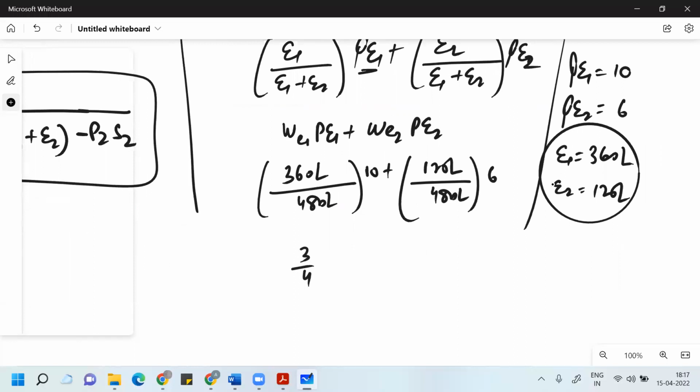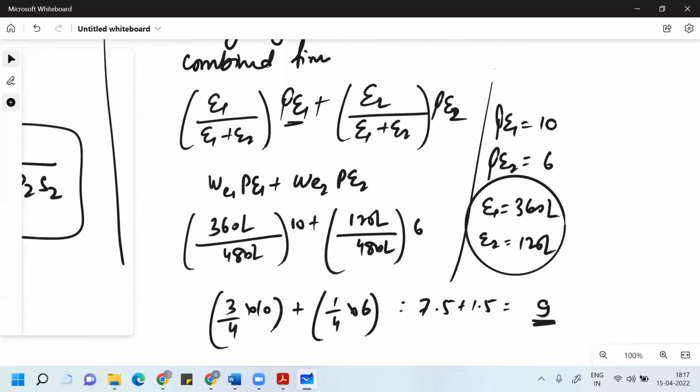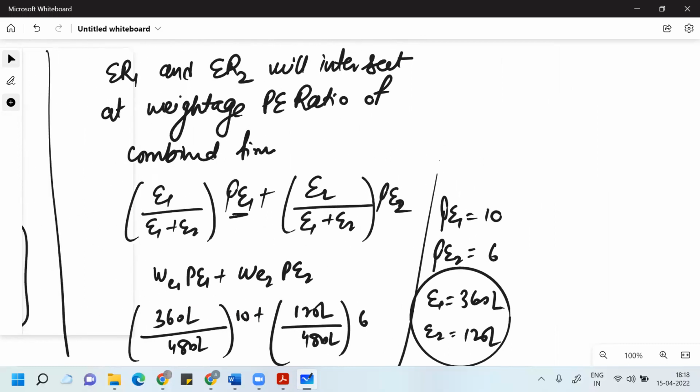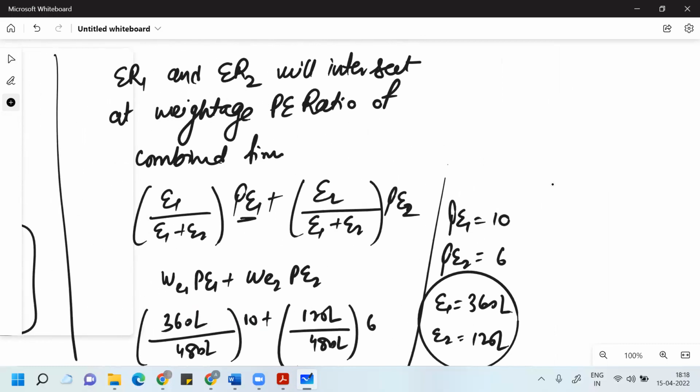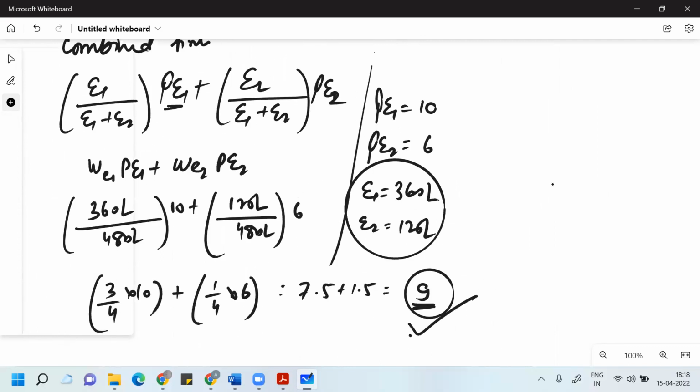So this would be 3 by 4 into 10 plus 1 by 4 into 6. So this would be 30 by 4, 30 by 4 means 15 by 2, 7.5. This is 1.5. So that would be 9. So at what point will ER1 and ER2 intersect, guys? They will intersect when the PE of the combined firm is 9.